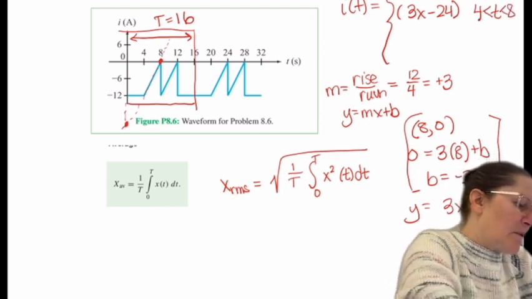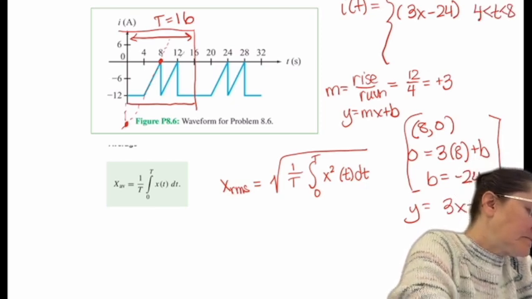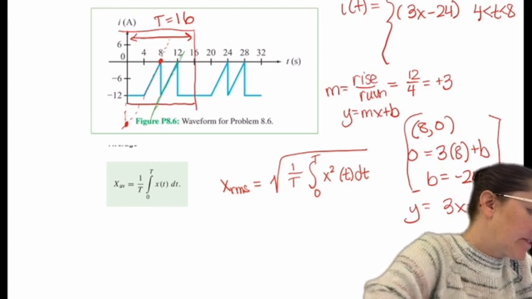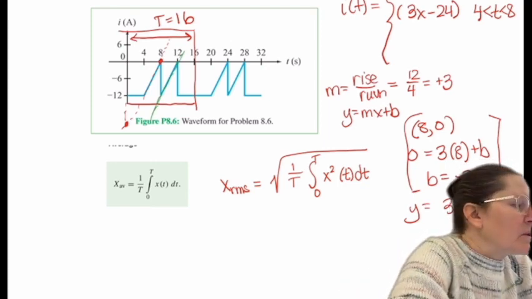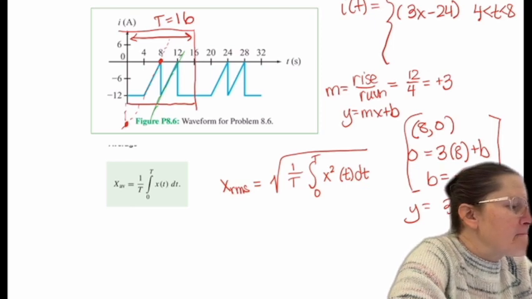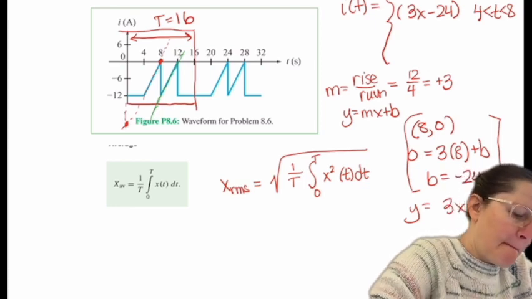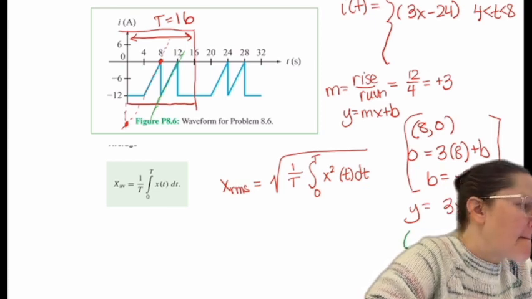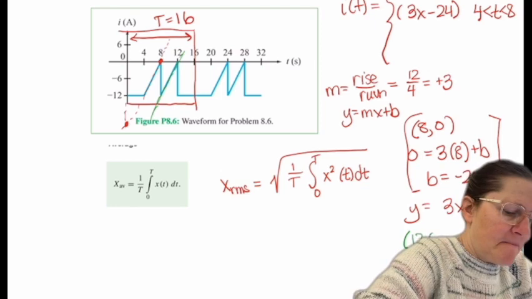And then we would want to do the same thing for green. This slope, right, between 8 and 12. So what's that one going to be? The slope is the same. 36.